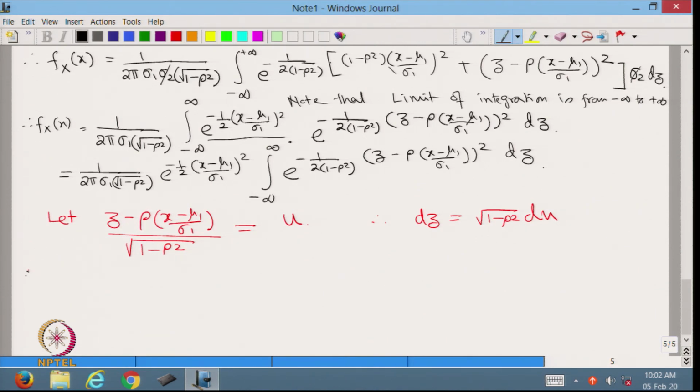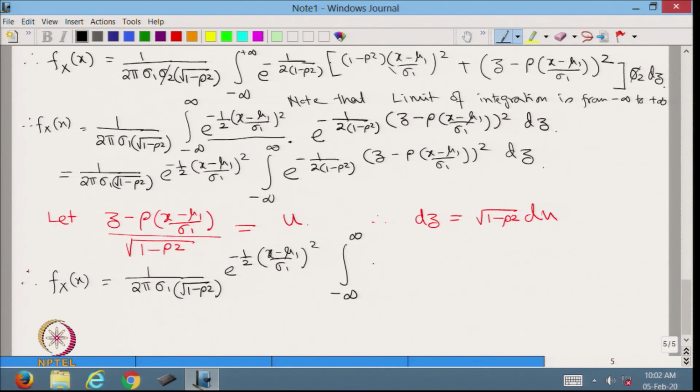Therefore, f_X(x), now we can write it as 1 over 2π σ1 into root over (1 − ρ²) e to the power minus half into ((x − μ1)/σ1) whole square, integration of minus infinity to plus infinity e to the power minus half ((z − ρ(x − μ1)/σ1) upon root over (1 − ρ²)) whole square dz.